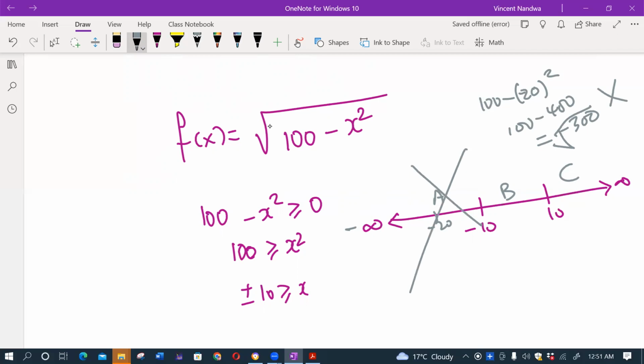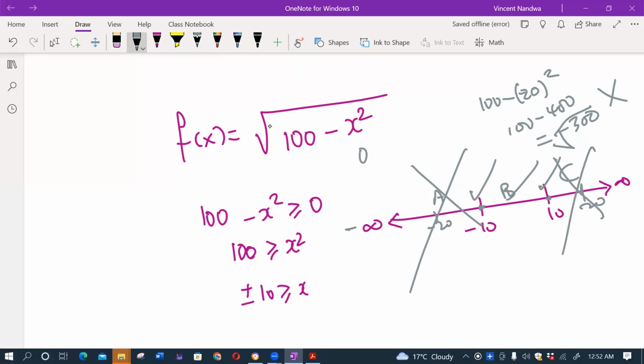But if I put 0, which is between minus 10 and 10, I'll get 100, whose square root is defined. If you put minus 10, you get 0, whose square root is defined. Also 10, you get 0, whose square root is defined. But if I pick a number, say 20, in interval C, I also get negative 300, whose square root is not defined. So I also eliminate this interval.